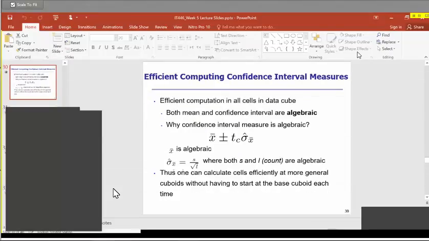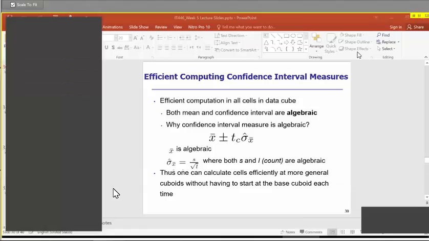Okay, so I hope that they are visible to you. Can you see the slides? Okay, thank you very much. Thank you, Jaber.